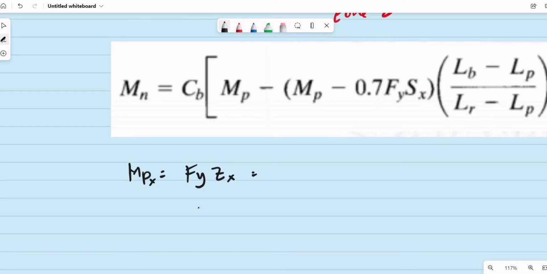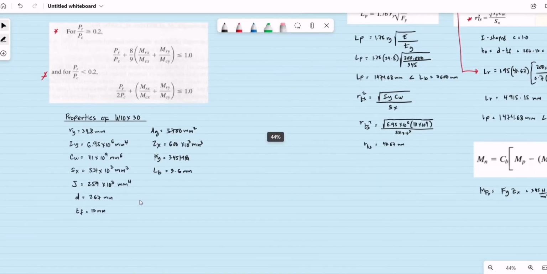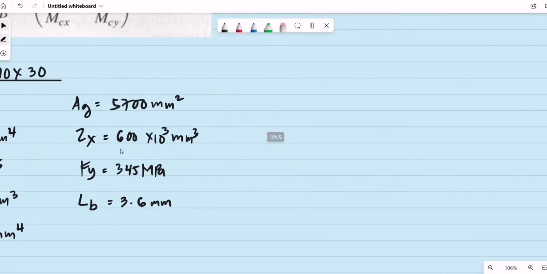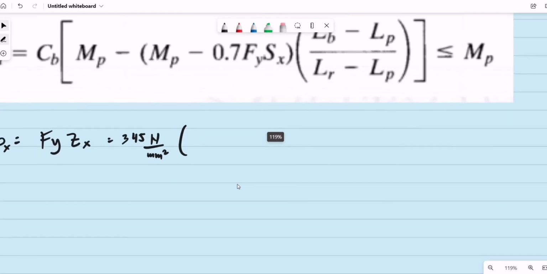So we have again Fy is 345 megapascals, or newtons per square mm. Then for the property of the W10 by 30, the plastic section modulus with respect to the x-axis is 600 times 10 raised to 3 millimeters raised to 3.